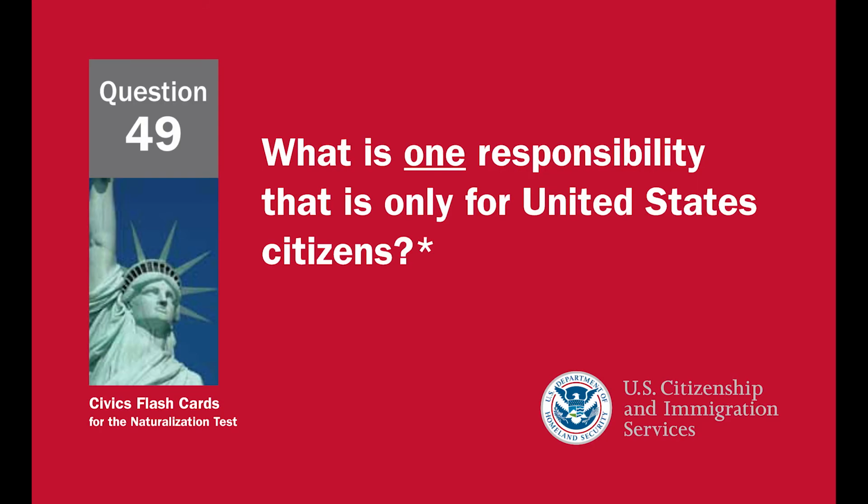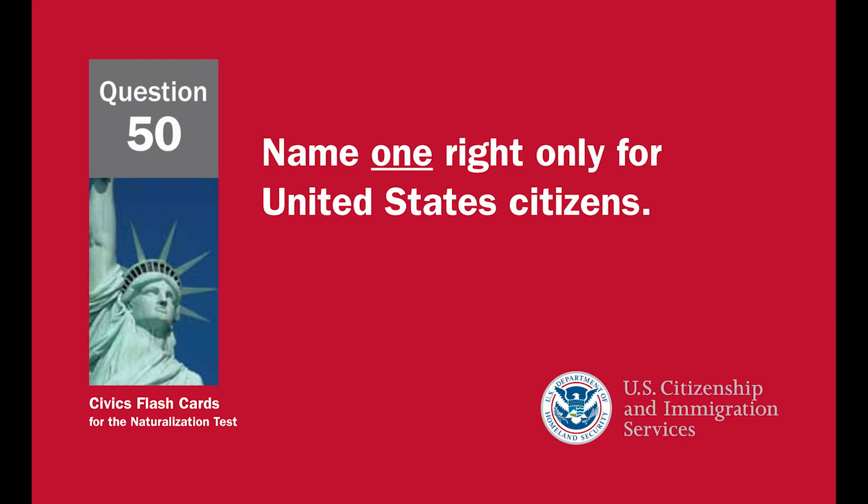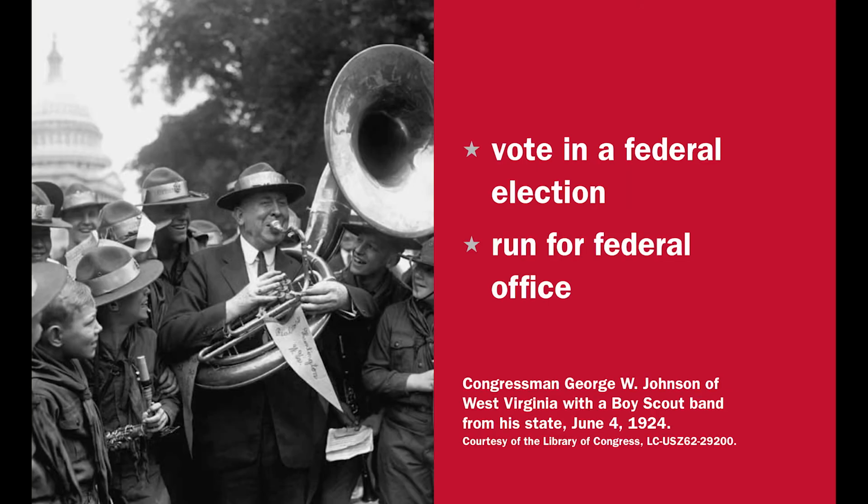What is one responsibility that is only for United States citizens? Serve on a jury. Vote in a federal election. Name one right only for United States citizens. Vote in a federal election.